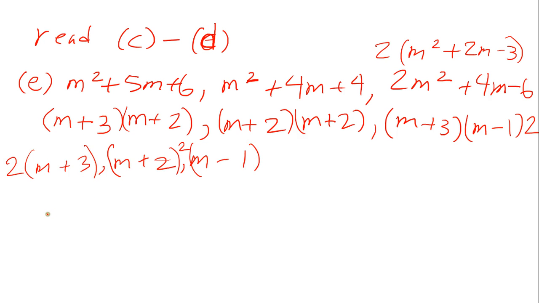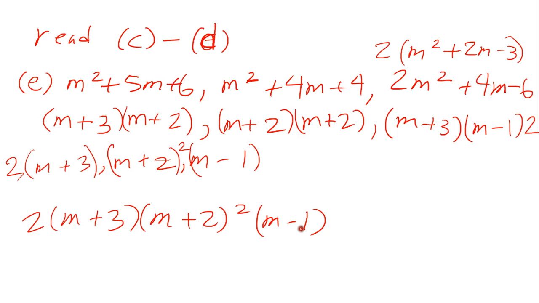So what you're going to end up with is 2 times m plus 3 times m plus 2 squared times m minus 1. Basically you're just taking a product of all of them. I think that's pretty straightforward.